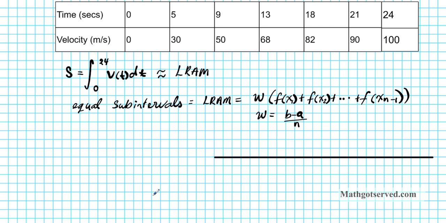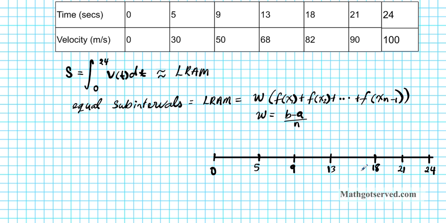Let's mark our calibrations. We're starting from 0, so this is 0. 1, 2, 3, 4, 5, 6, 7, 8, 9, 10, 11, 12, 13, 14, 15, 16, 17, 18, 19, 20, 21, 22, 23, 24.